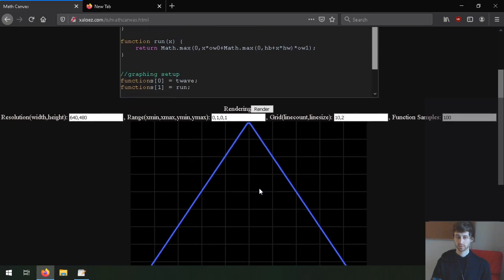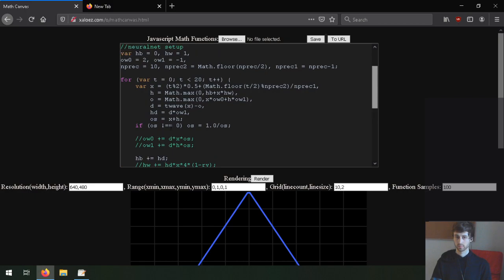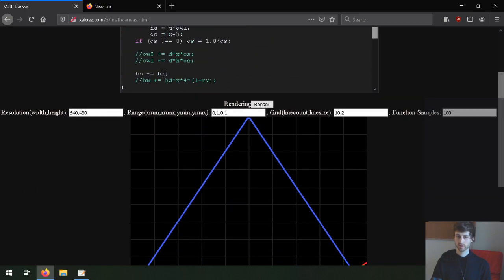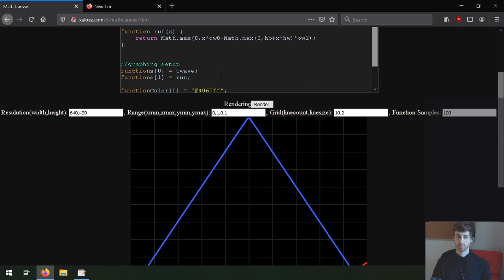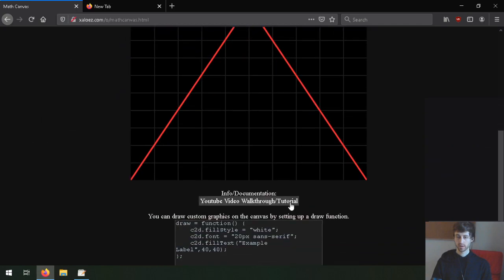No, yeah, you need to train the weight or it's not gonna... And also, is this actually training? Hold on. Let's see if this can actually train the correct bias.